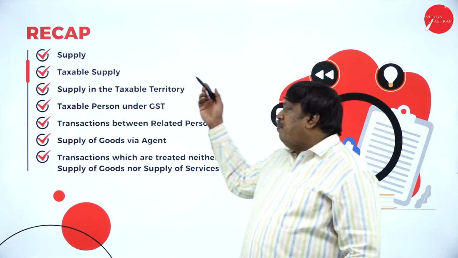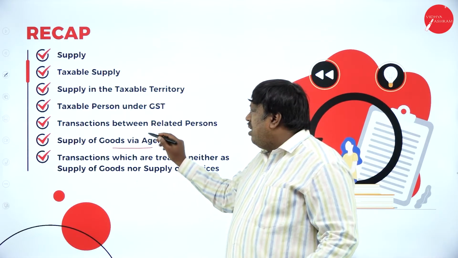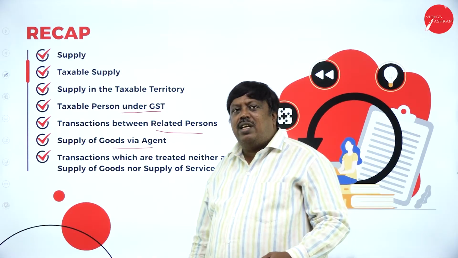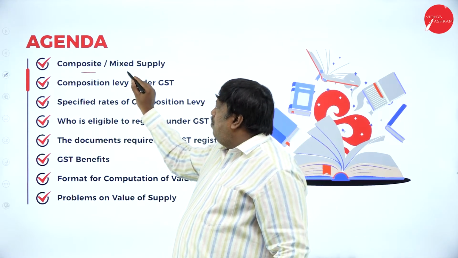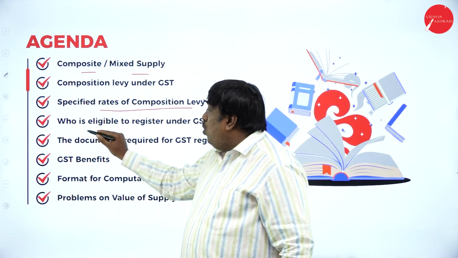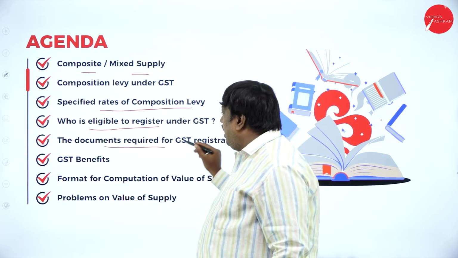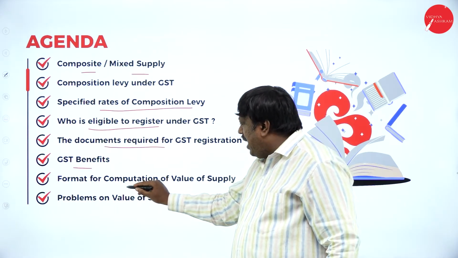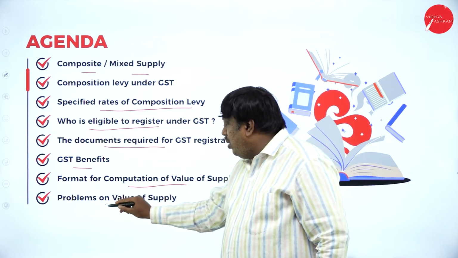In our previous session, we studied supply of goods via agent, related persons, and taxable person under GST. In today's session, we are going to discuss composite and mixed supply, specified rates for composition levy, who is eligible to register under GST, what documents are required for registration, benefits, and the format for calculation of GST for the value of supply, problems on value of supply.